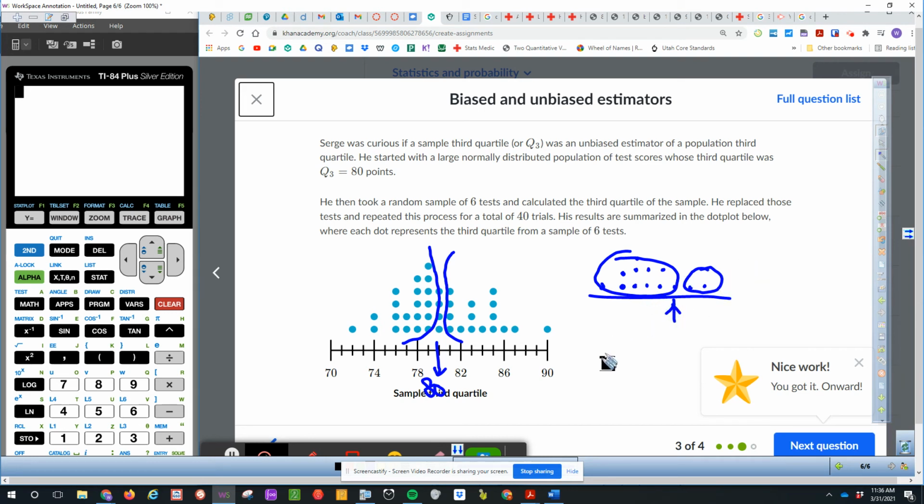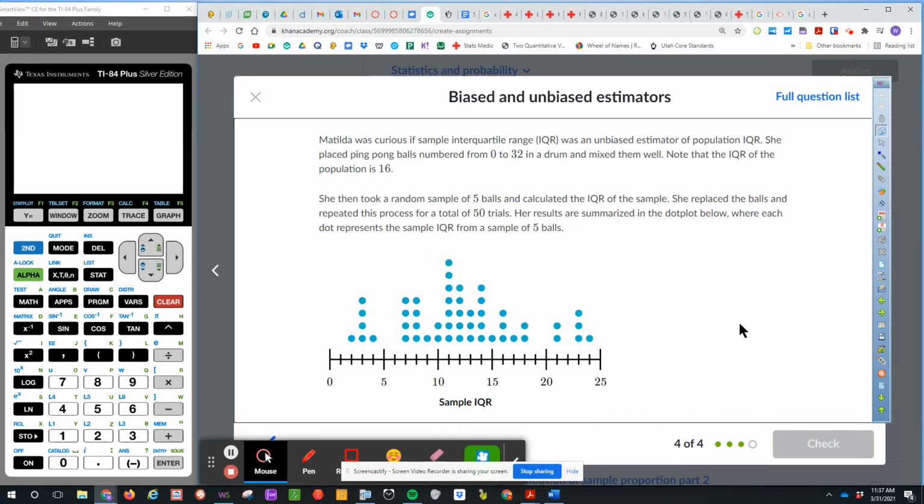But if your population parameter is right here, you see how there are more here compared to a few here, one here. So you would say you are overestimating. Okay. All right, let's see.